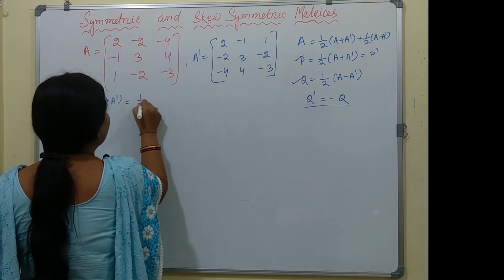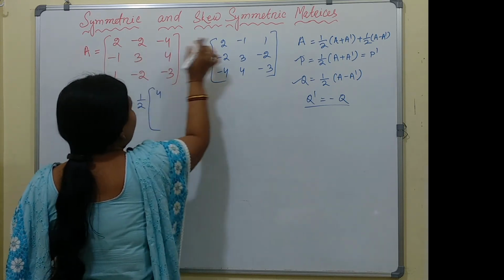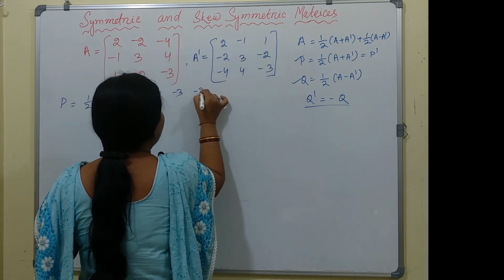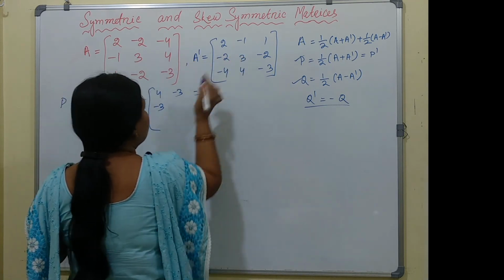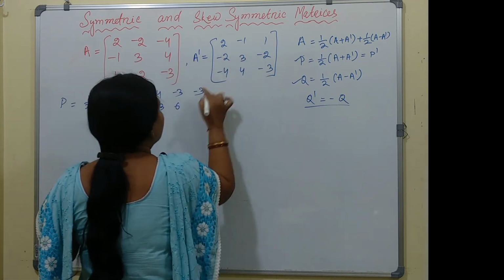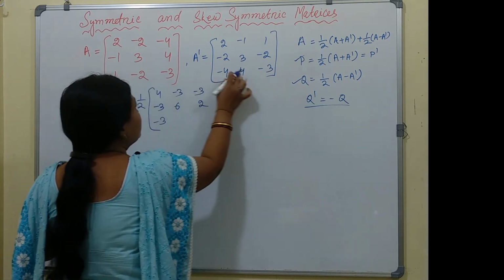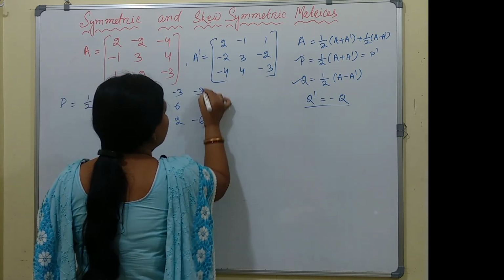So this is equal to half whole into 2 plus 2 is 4, minus 2 minus 1 is minus 3, minus 4 plus 1 is minus 3, minus 1 minus 2 is minus 3, 3 plus 3 is 6, 4 minus 2 is 2, 1 minus 4 is minus 3, minus 2 plus 4 is 2, minus 3 minus 3 is minus 6.